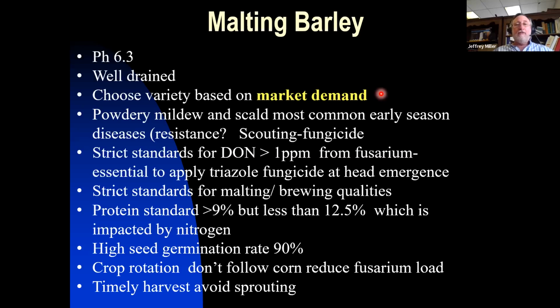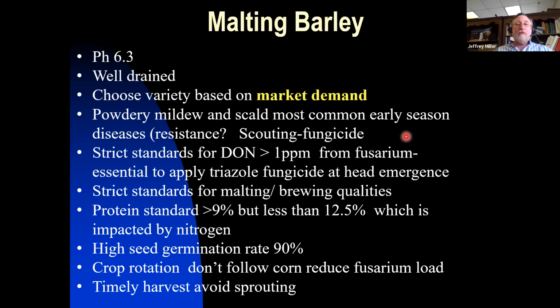And the reason being is each variety has its own characteristics, and you're thinking this is going to be malted and then brewed into a beer. And some of those characteristics, the flavor, et cetera, is going to be related to the variety itself. So you want to talk to the maltster that you're going to sell to and say, okay, so what variety do you want, and grow that particular variety.